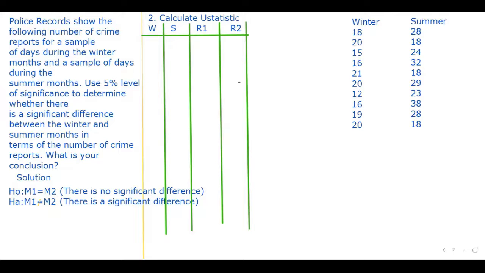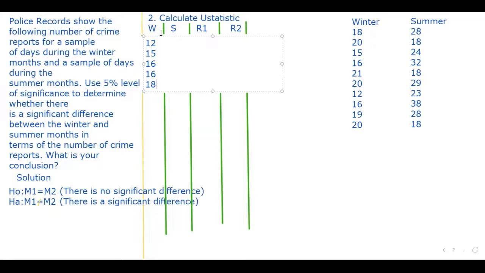12 W. 15 W. 16 W. 16 again in W. There are two 16s for W, right? So you write it twice. When you are ranking them, you use the same formula as we did in the other work. Let's move on. 18 for W, and for summer, 18 as well.